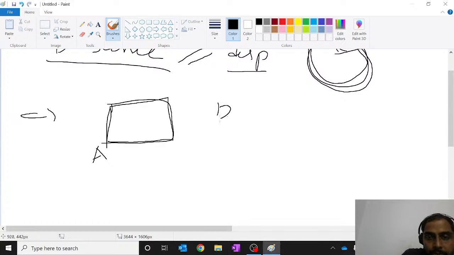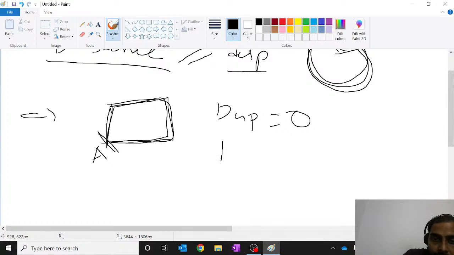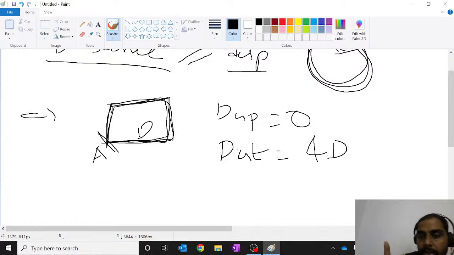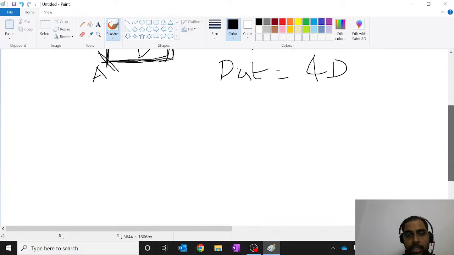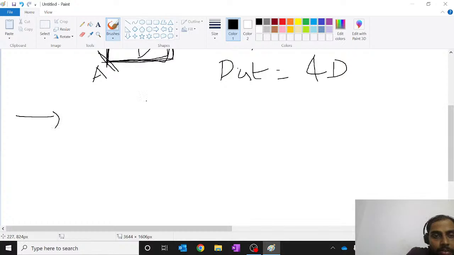My displacement here is zero because I started from A and I have come back to A. Whereas my distance, if the side of the square is D: 1, 2, 3, 4. 4D is my distance, because I have traveled along this path. As simple as that.